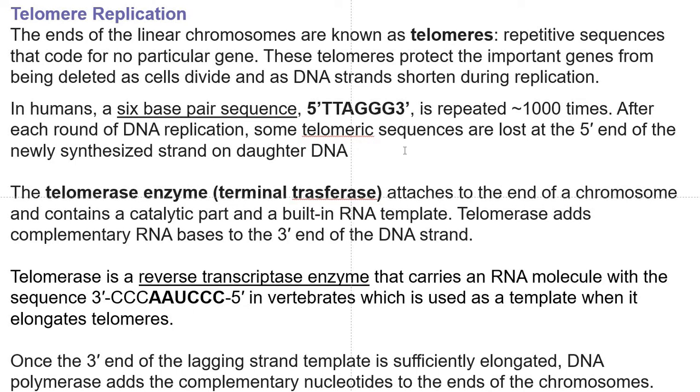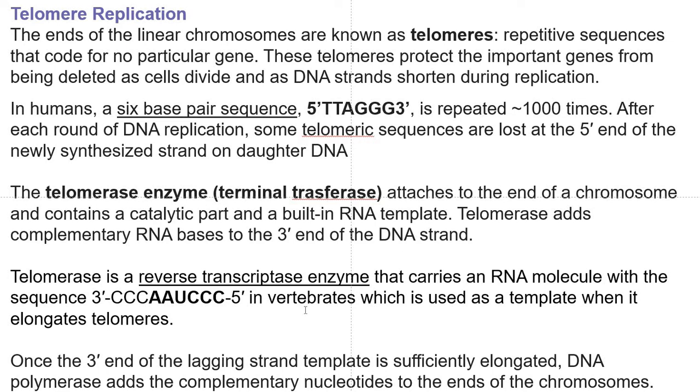It's repeated thousands of times, and after each DNA replication, some of the telomere sequences get lost, but it doesn't really have an impact, because these do not code for anything. Telomerase is the polymerase enzyme that catalyzes the replication of telomeres. It's a special enzyme specifically for telomere synthesis.